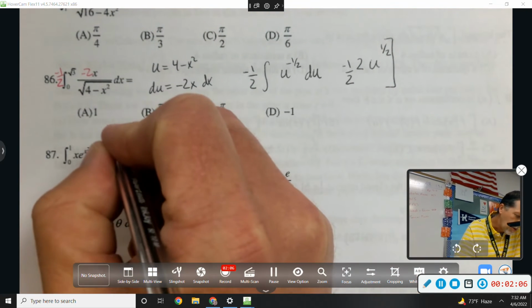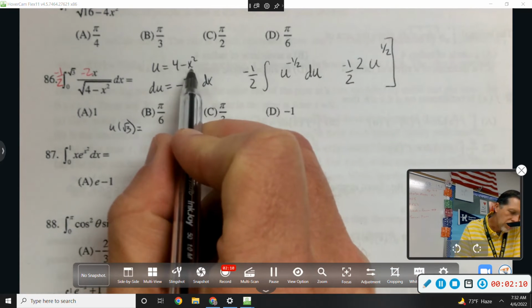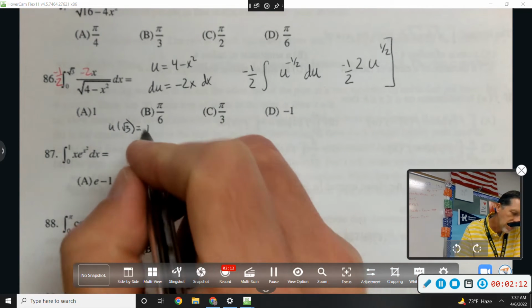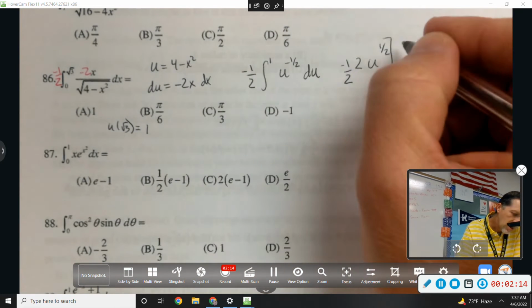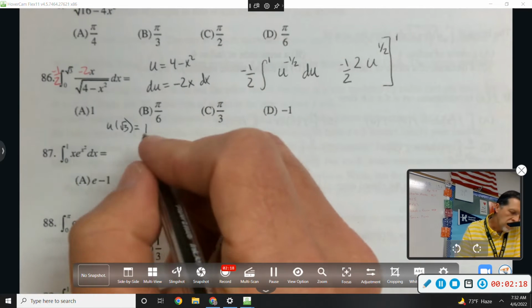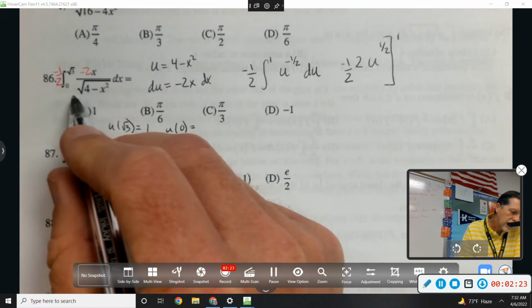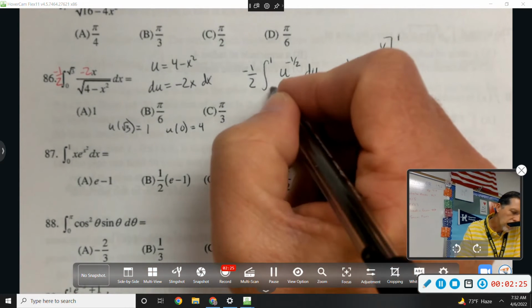So let's see, u at root 3 is 4 minus 3, which is 1. So the upper limit is 1. And u, if we plug in 0 for the bottom limit, is 4.